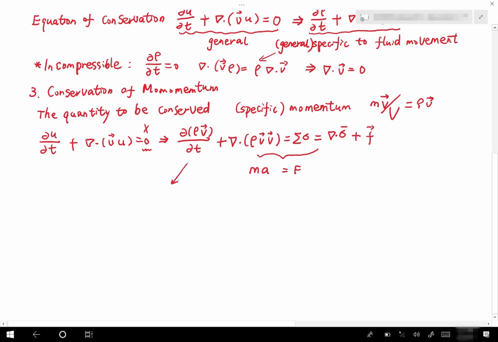We want to reformulate it. If we do it, we can get a pretty complicated equation like this. You can do it based on what we learned for tensor analysis, based on the rules for different operators between tensors and scalars.